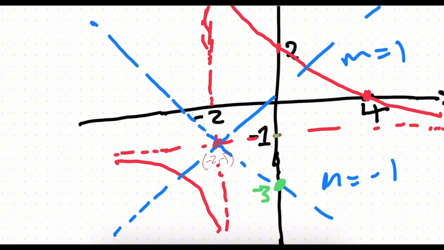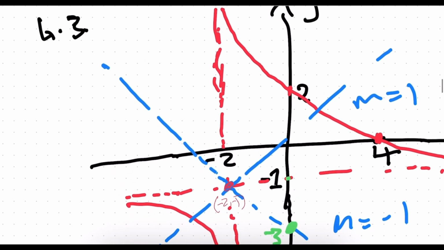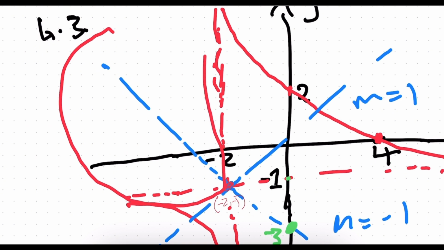When you look at this side, the y values of your line of symmetry are always greater than the y values of your graph, ne?